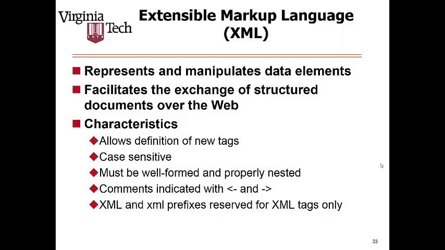So the next topic is extensible markup language, XML. It is another way of representing data that is different from relational databases. It involves defining the data with tags that are right in the data, so it's easy for the computer to understand what is being meant.